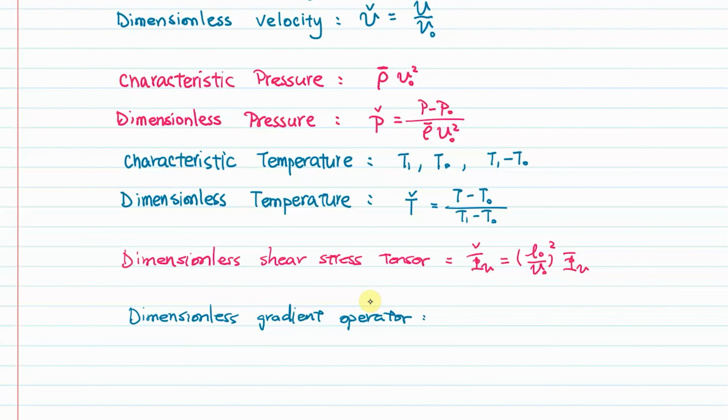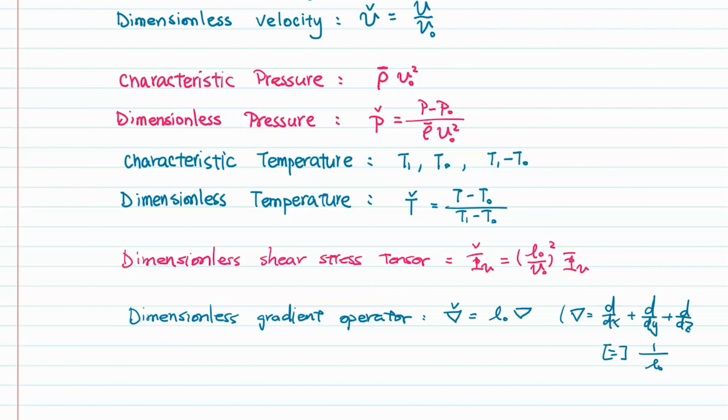So we have the dimensionless gradient operator equals the characteristic length times the actual gradient. Gradients, remember, are like d/dx plus d/dy plus d/dz, and it has a unit of 1 over L naught.